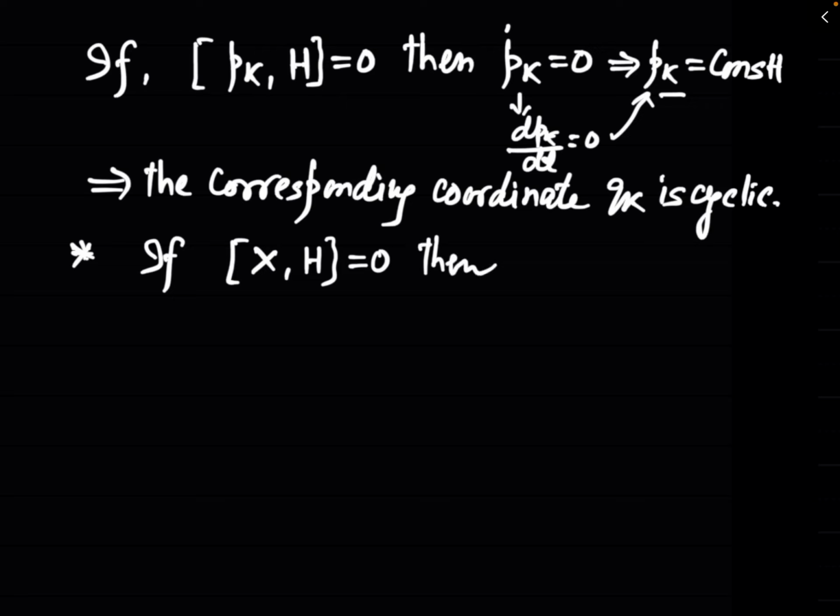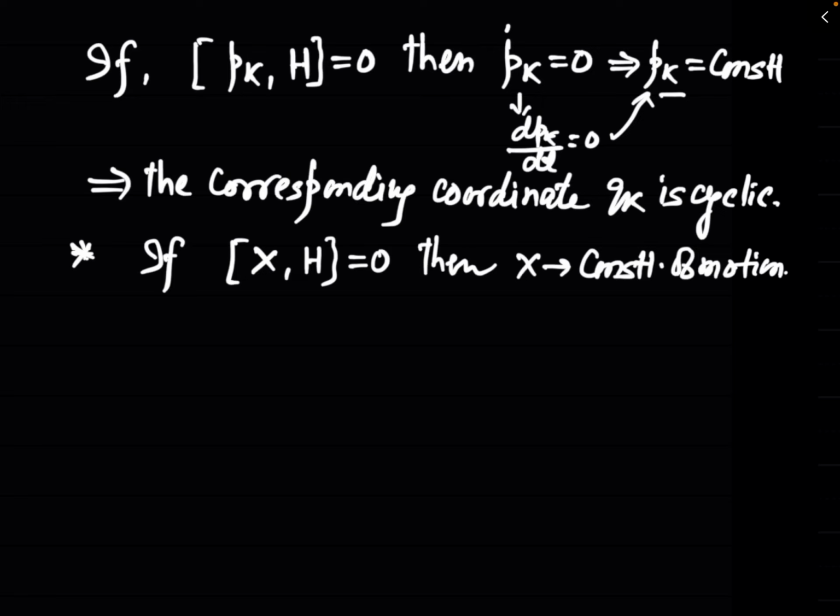Then x will be a constant of motion. It means if the Poisson bracket of any function with Hamiltonian vanishes, then that function is a constant of motion.